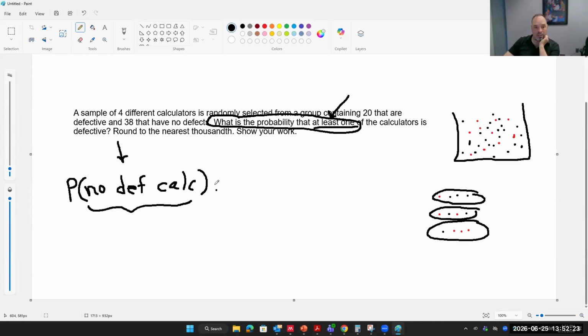Okay, so that said, in the bottom, we want to look at all the different ways of choosing four calculators. So that's actually 58 choose four.